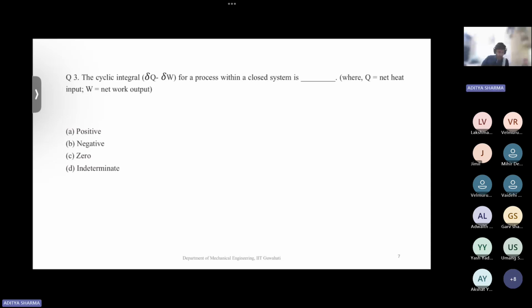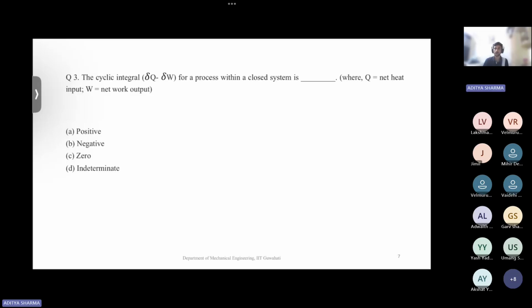So question number 3 says that the cyclic integral of del Q minus del W for a process within a closed system is. People have answered 0 also.